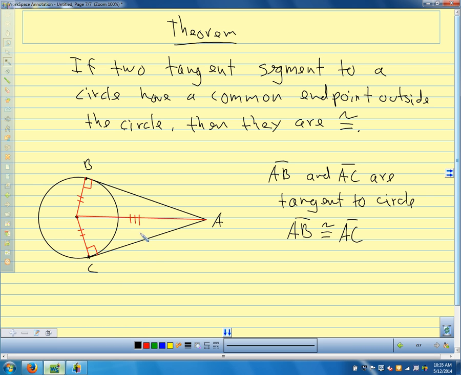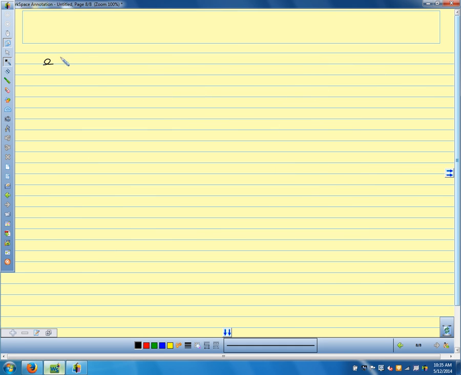All right, let's look at one last example using this idea of two tangent segments. For this problem, we're going to have a circle that's inscribed in a triangle.